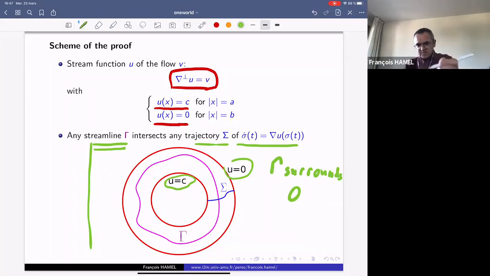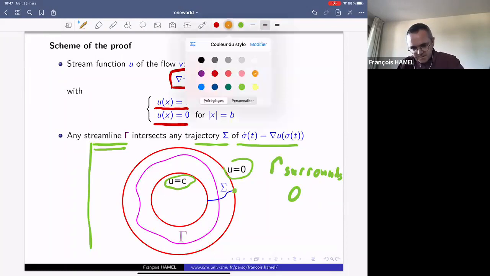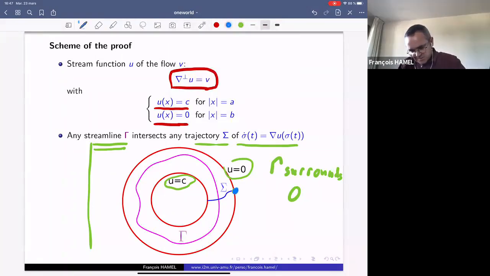And now let me consider any trajectory sigma, a curve parameterized by this type of equation: sigma dot of t is equal to gradient u of sigma of t. Let me start at a point which is on the outer boundary.